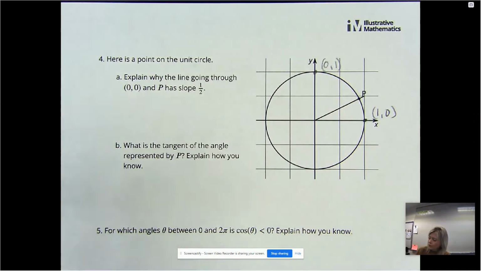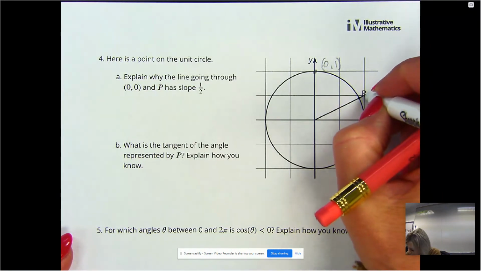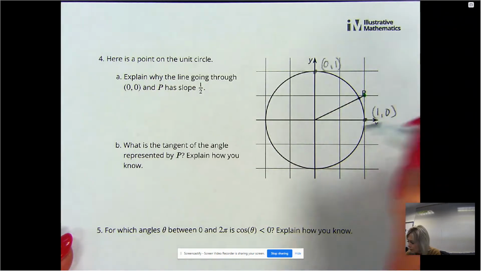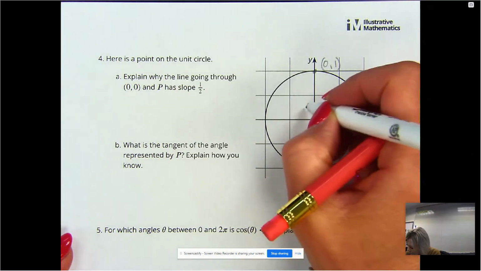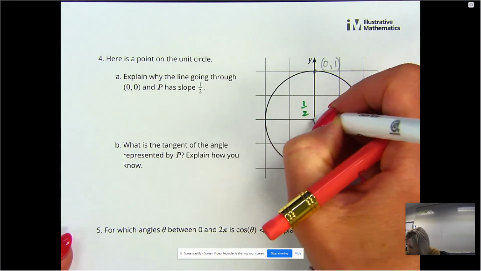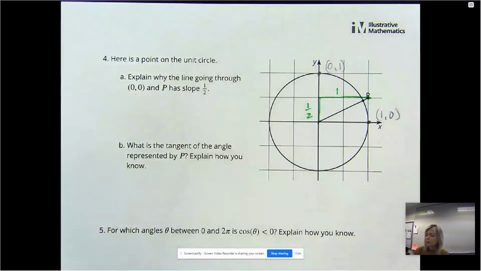So noticing that this line actually also goes through that point. So this is a rise of 1/2 and a run of 1. And so the slope is going to be rise over run, 1/2 over 1, which is equal to 1/2.